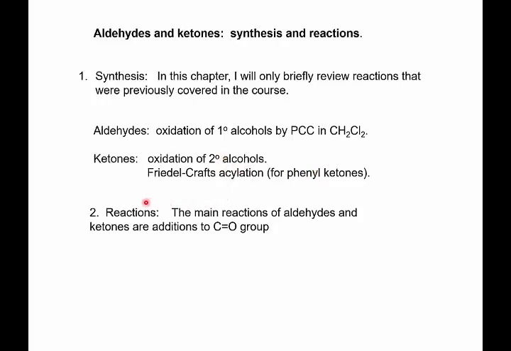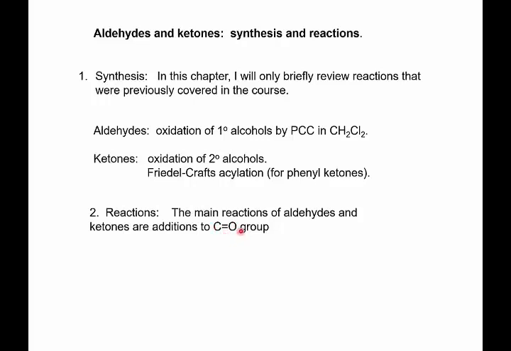Now, let's begin talking about the reactions of aldehydes and ketones. This is going to be a rather large topic with lots of subtopics. First thing to note is that the main reactions of aldehydes and ketones are additions to the carbonyl group.